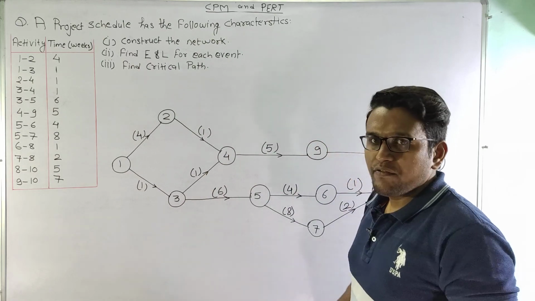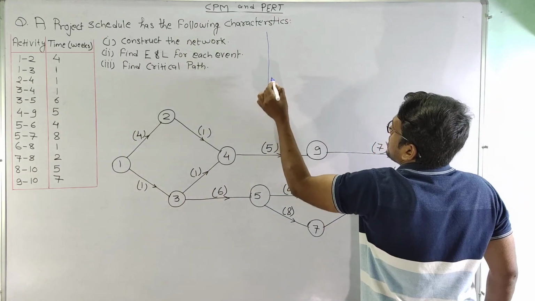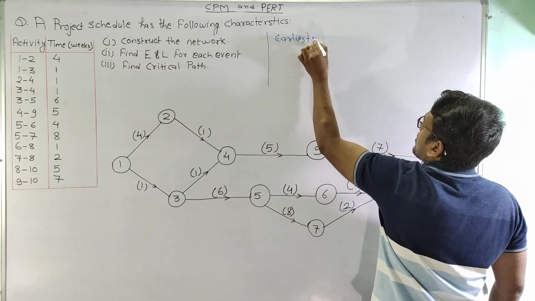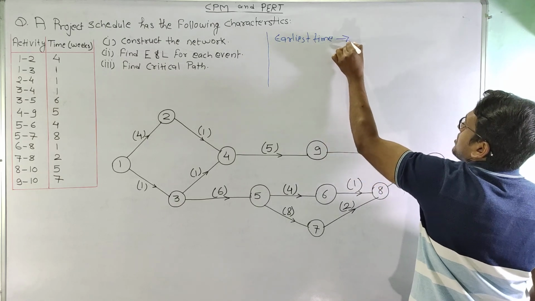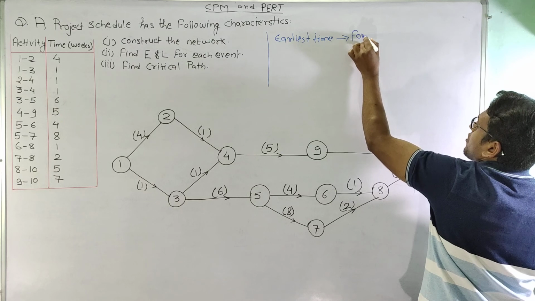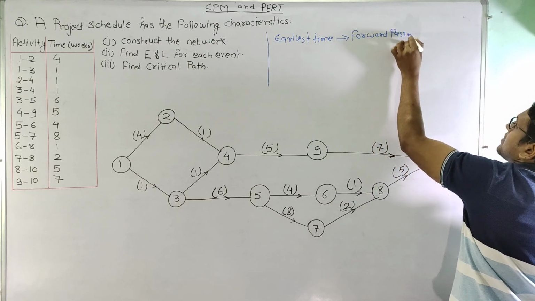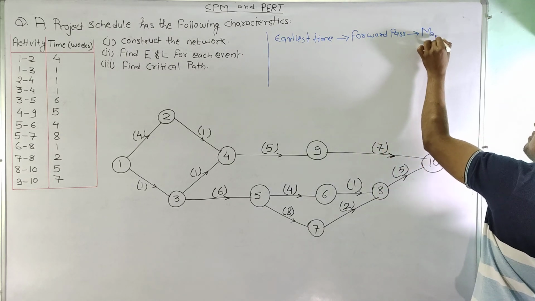So first we will calculate the earliest time. The earliest time is calculated by using the forward pass method, and in this particular method we will select the maximum value.